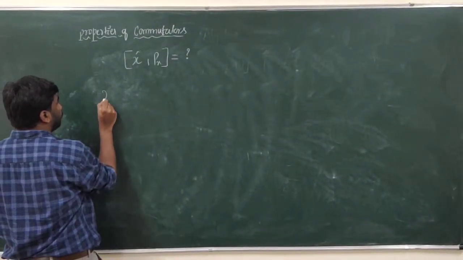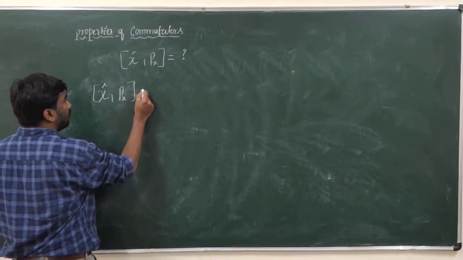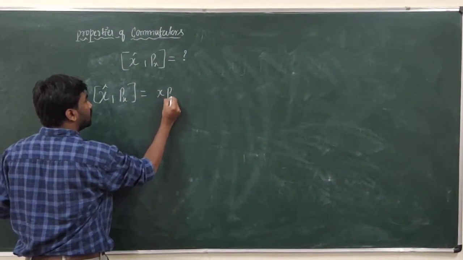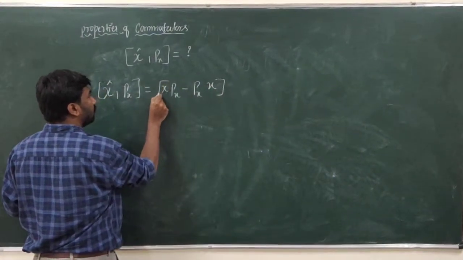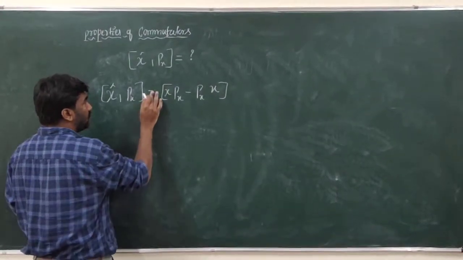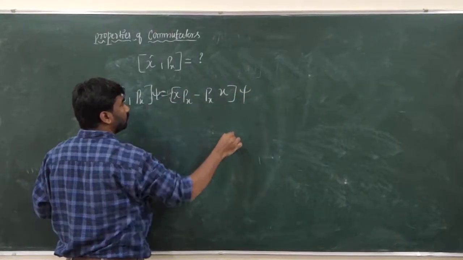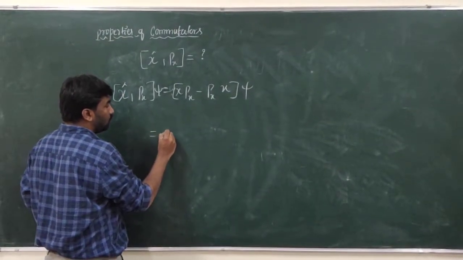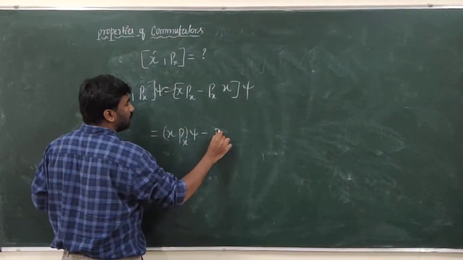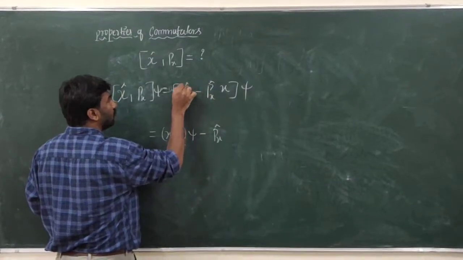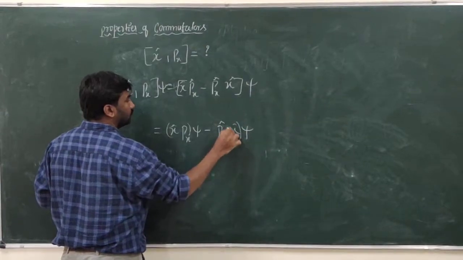So what do we get if we take [x, px]? Let us see. [x, px] can be written as x px minus px x. Now let us apply this on a psi function on both sides. So it is x (px psi) minus px (x psi).